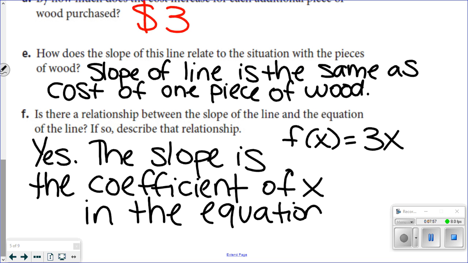Coefficient is just a number in front of x. So see how 3 is right in front of x? That's the coefficient. All right, next question.